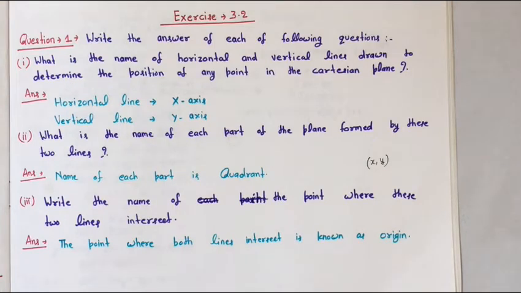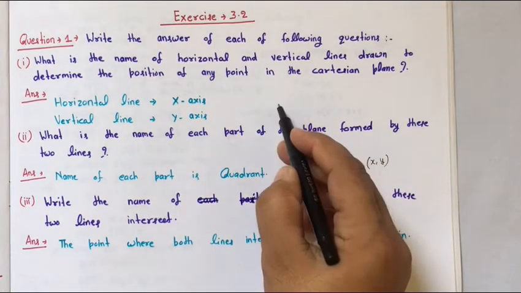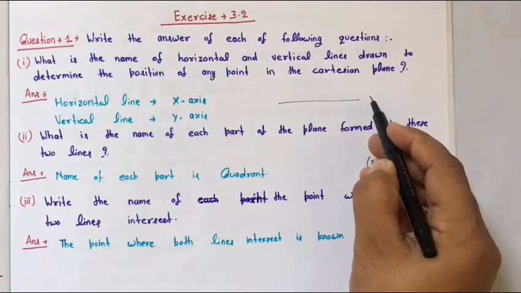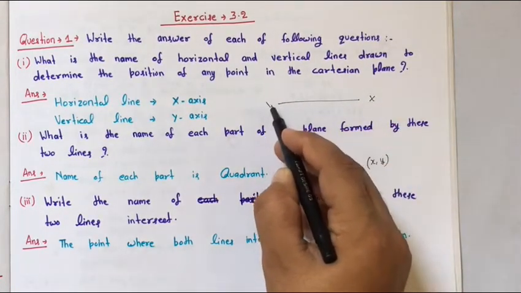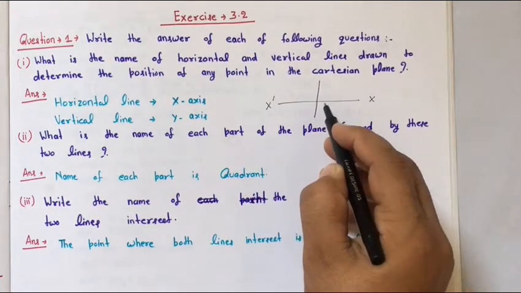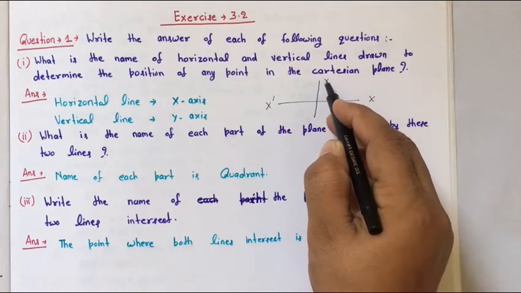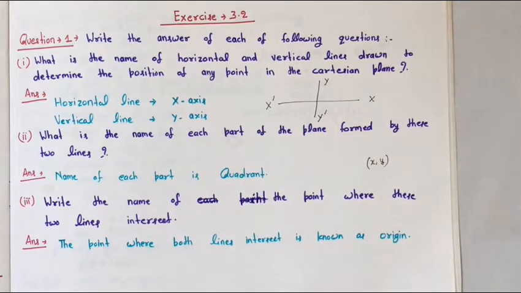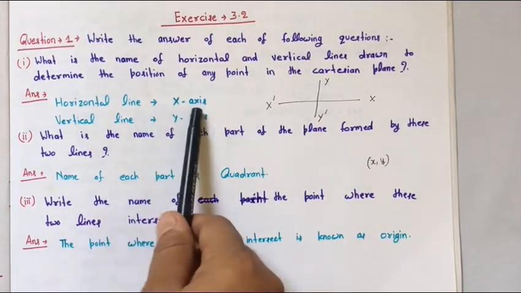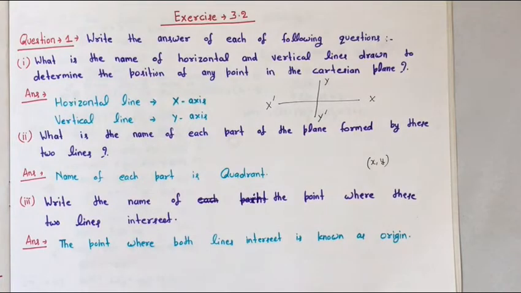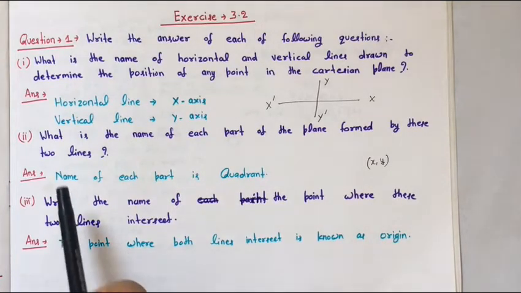Horizontal line is known as x-axis, x dash, and this is our vertical line, y dash, and it is known as y-axis. So horizontal line is x-axis and vertical line is y-axis. Clear? Now come to the next part.